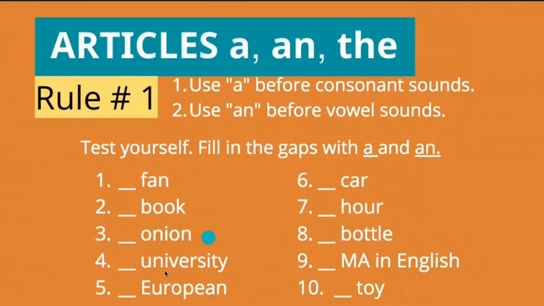With the word university, what is your answer? How about European? Okay, how about car? Hour, bottle, MA in English, and toy. Okay, if you're done answering, let us put the correct answer then.